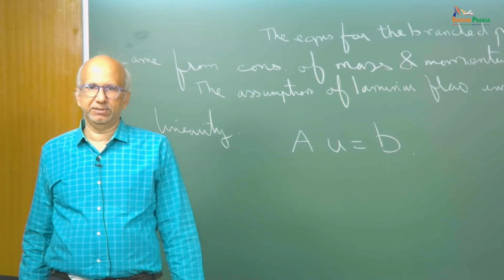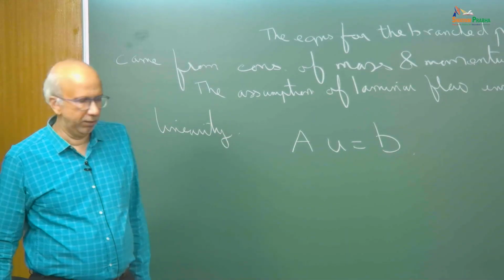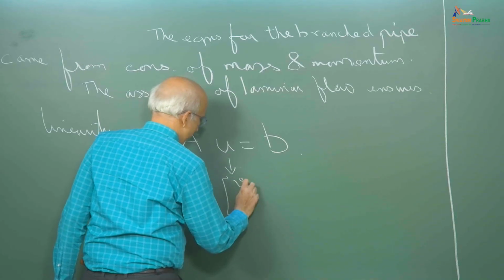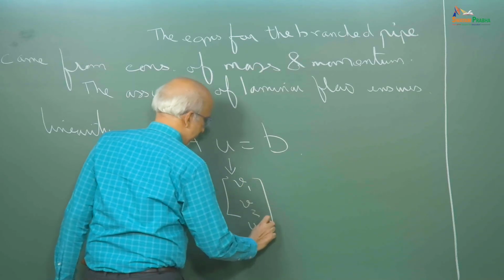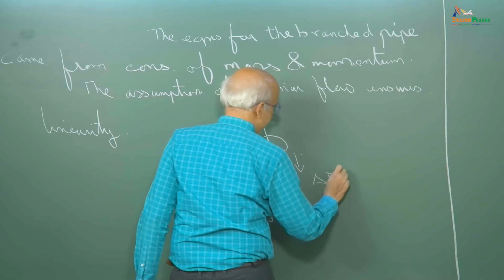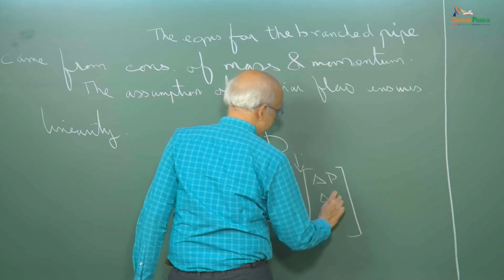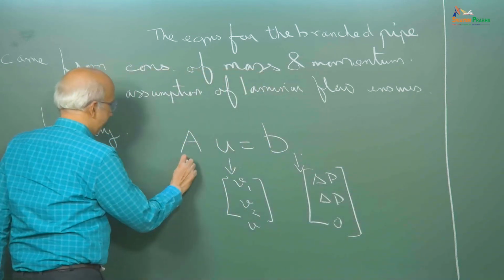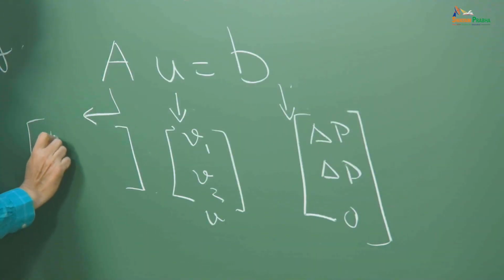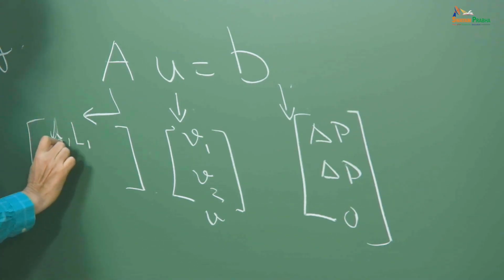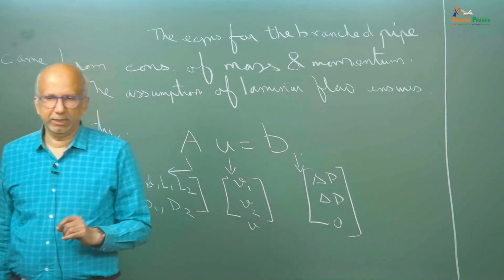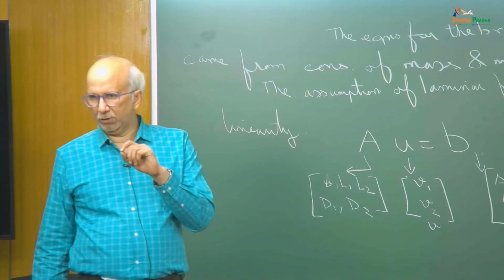Because we had linear equations, we could write it in the form AU equals B. U is a vector which contains these velocities V1, V2 and V. B is again some vector which had delta p 0, and A is a matrix which had elements which depend upon L, L1, L2, D1, D2, etc. Basically, the elements depend upon these variables.